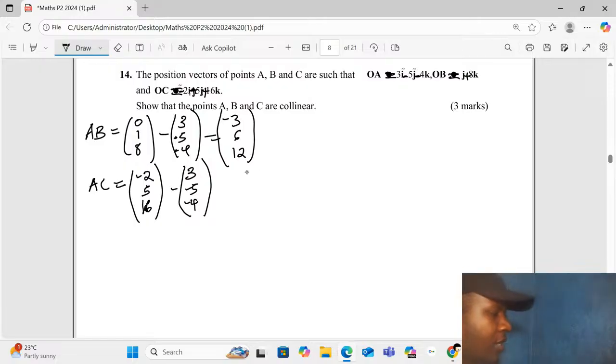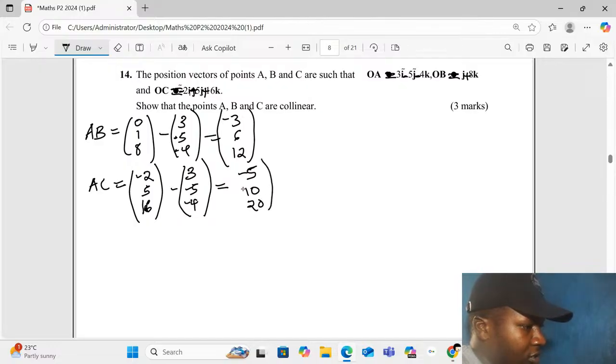That way, this one will give us negative 5, then 10, then 20.